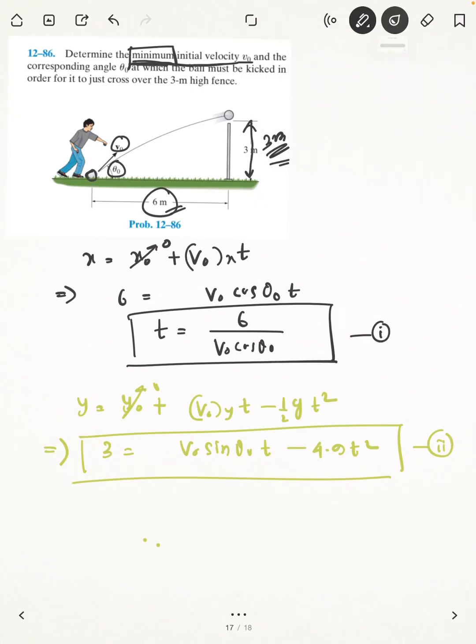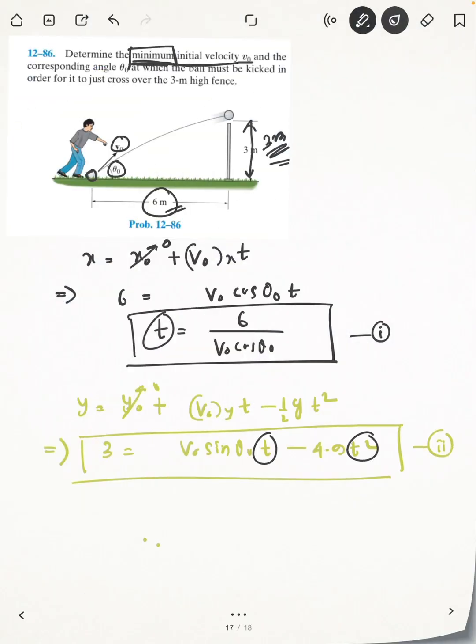If you input the value of t here, then you're going to end up with 3 is equal to v naught sine theta naught times 6 divided by v naught cos theta naught, minus 4.9, also t, we have t here also.